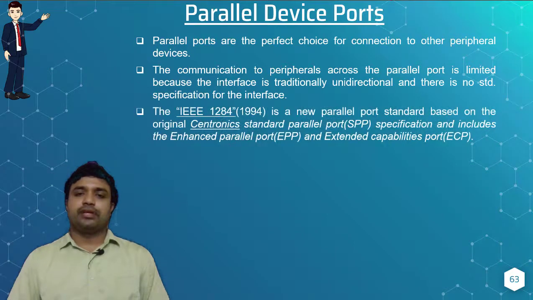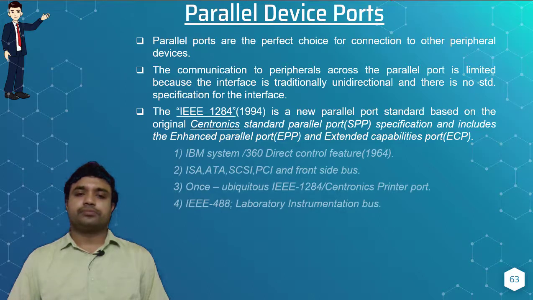IEEE 1284 in the year 1994 is considered to be a parallel port standard, based on the Centronics SPP port specification, and it includes the enhanced parallel port and extended capabilities port.